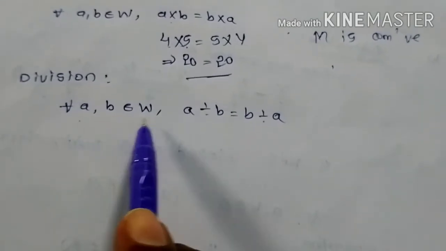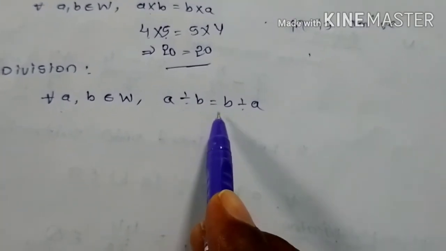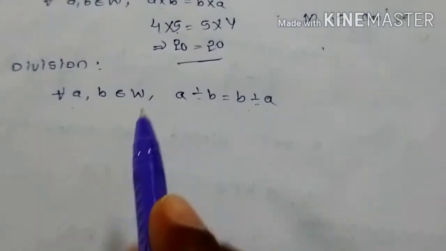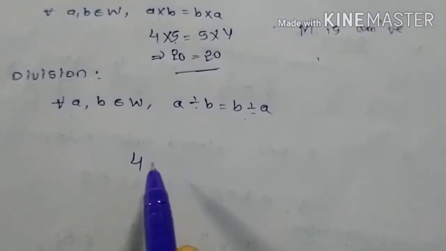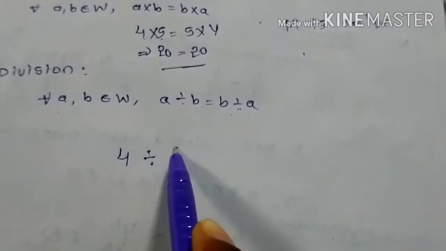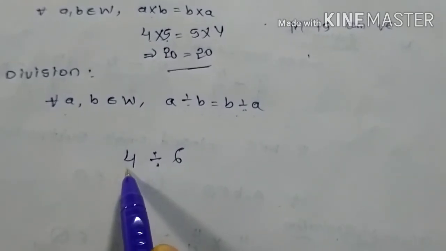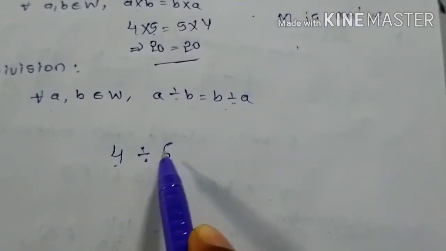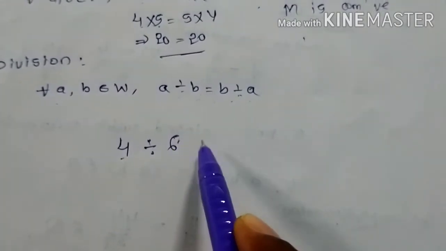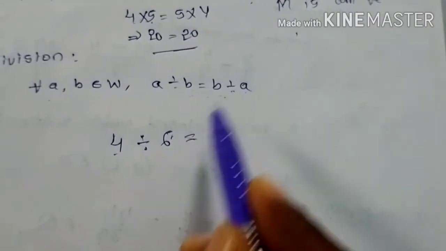Next you can see the last one, division. For all a, b belonging to W, a divided by b is equal to b divided by a. For example, I am taking 4 divided by 6. I am taking 4 as a and 6 as b, so b divided by a means 6 by 4.